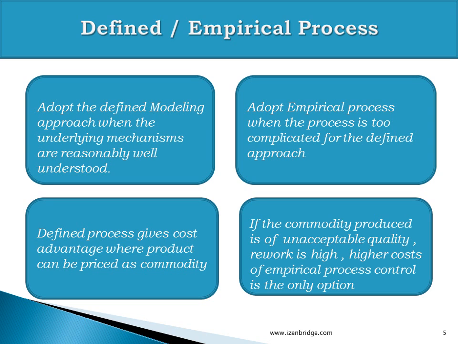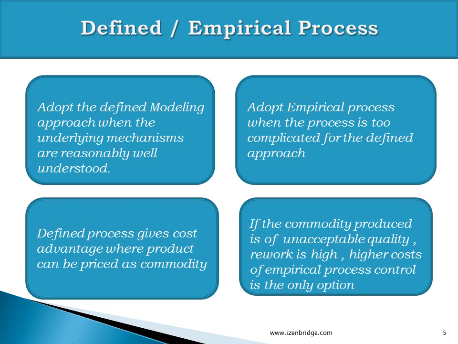We should not be using defined processes where the process model itself is not fairly defined. So we should use a defined process where the underlying mechanism is well understood. We have to use empirical processes for the processes which are too complicated for the defined processes.